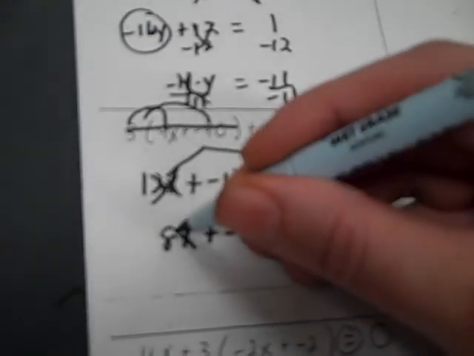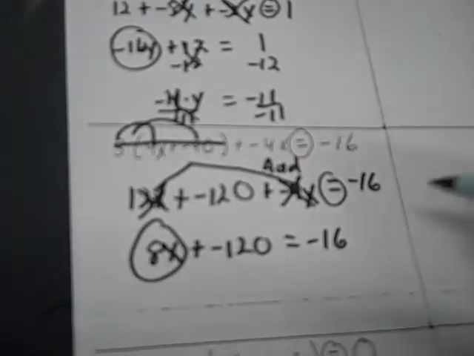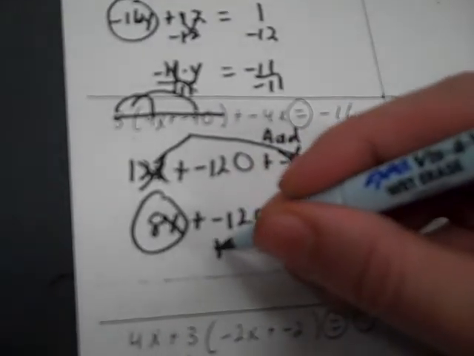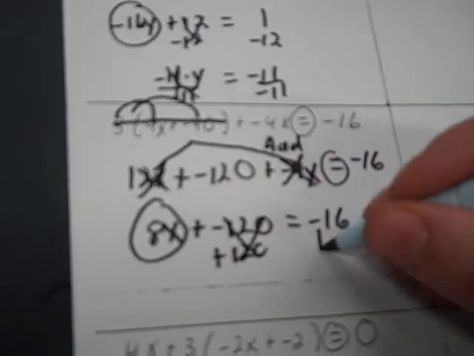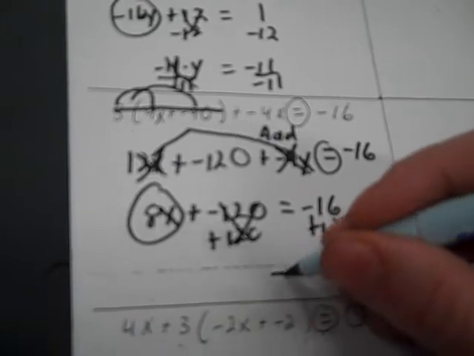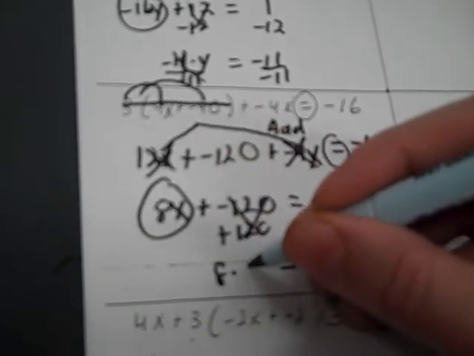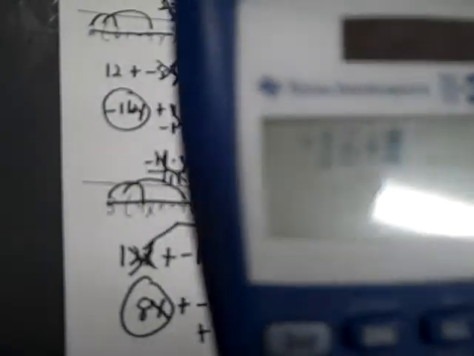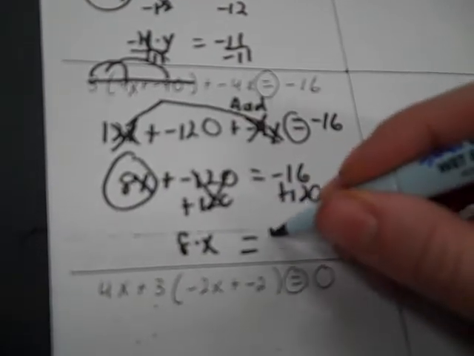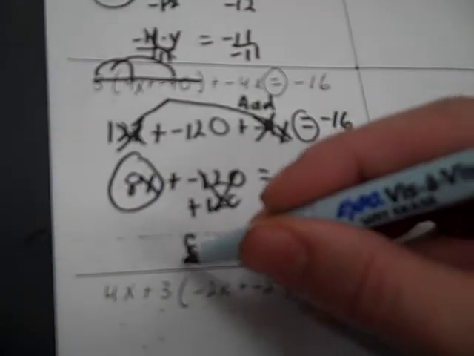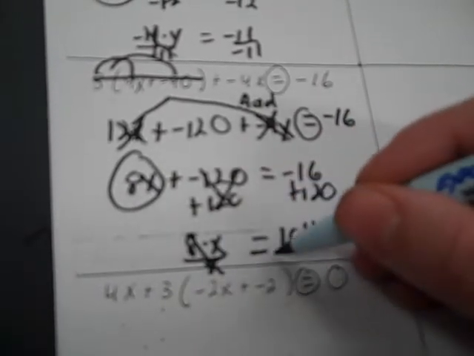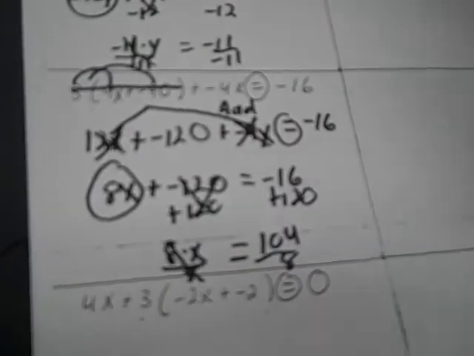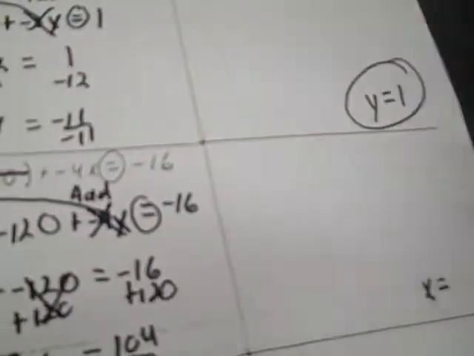Now I can dot my 8x, and then I have negative 120, so I plus 120, and I plus 120. So 8 dot x equals, and then negative 16 plus 120 is 104. Now you can divide. So I divide 104 by 8, and that is 13.